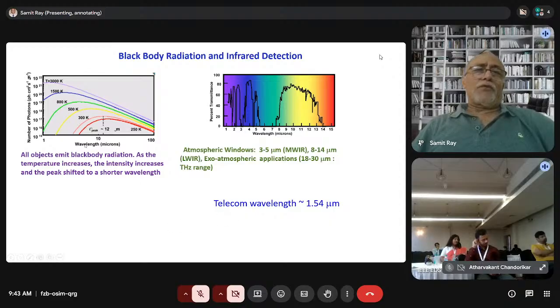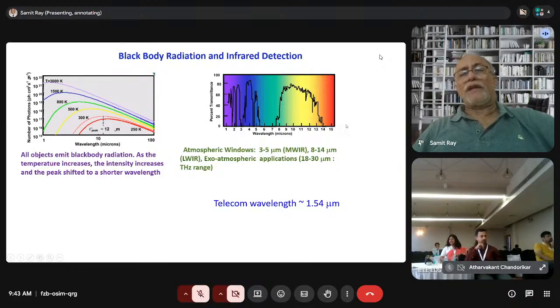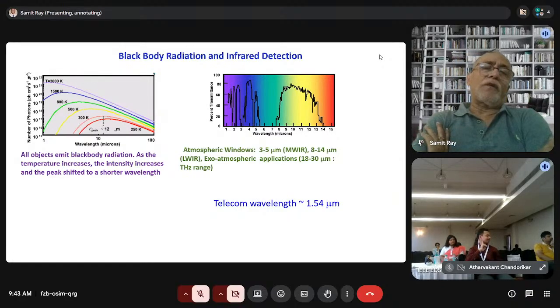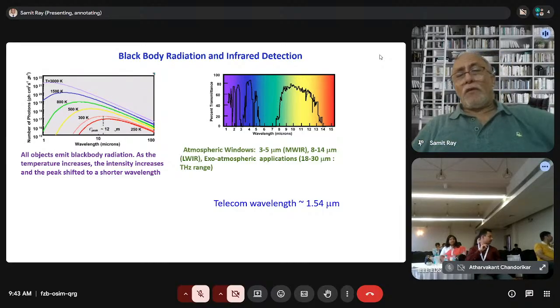As you know, these are the different regions of the electromagnetic spectrum, on the right side of this presentation file. One important area is the telecommunication wavelength range of 1.5 micrometer, which is the near infrared wavelength.